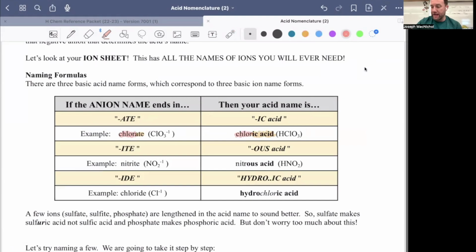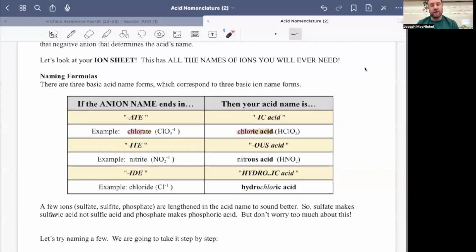If the ending was -ite, we change that not to -ic acid, but to -ous acid. And lastly, if the ending is -ide, like a chloride ion attached to a hydrogen, that's going to become a prefix, hydrochloric acid.